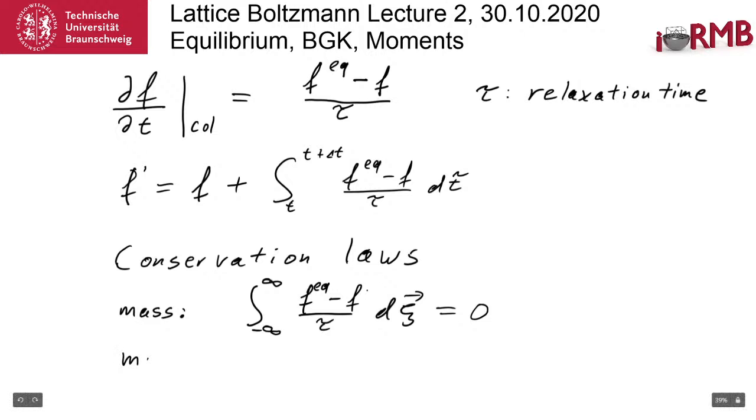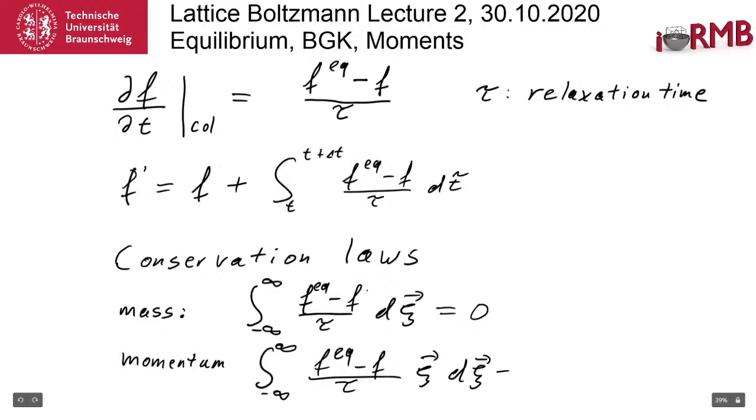The same thing holds for momentum. For momentum, we would have to show that FEQ minus F divided by tau, integrated over the kernel xi, is also equal to 0.